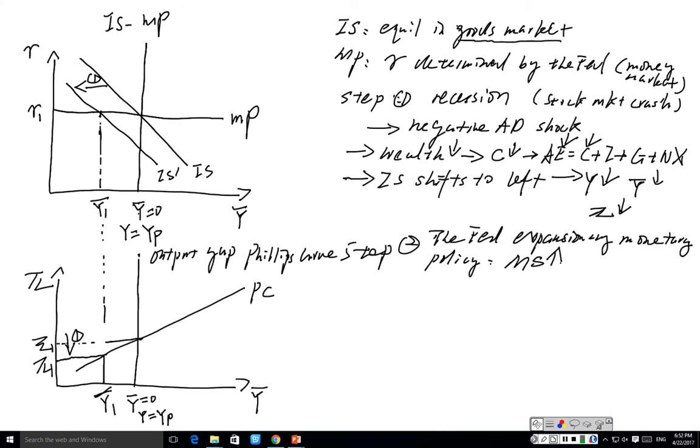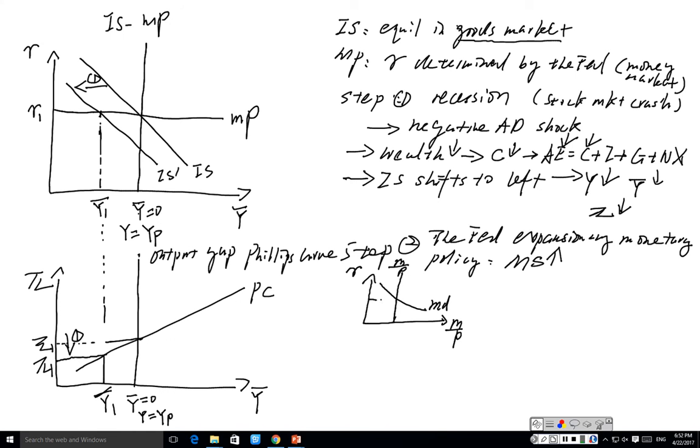We know in the IS-MP model, the vertical variable is the real interest rate. But if you can still recall the liquidity preference model we learned previously, we can quickly show it here. In the liquidity preference model, the real interest rate is on the vertical axis. On the horizontal axis is real money balance, M over P. That's the real money supply curve, and that's money demand, MD.